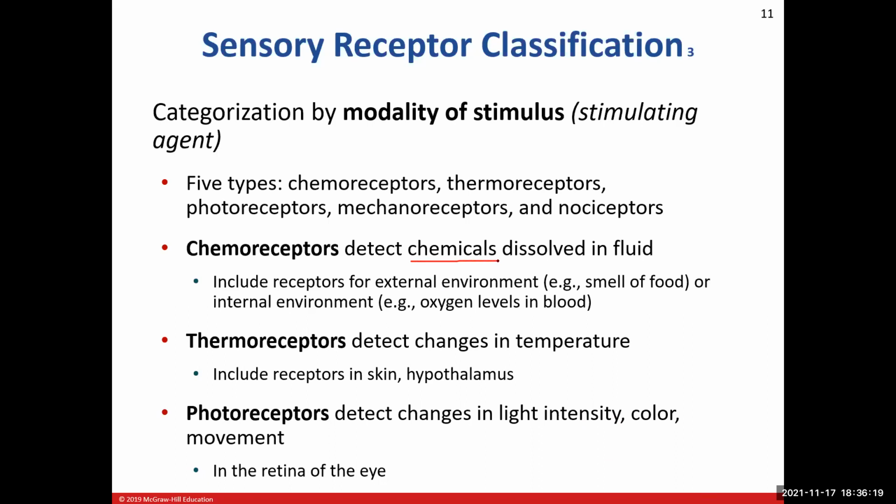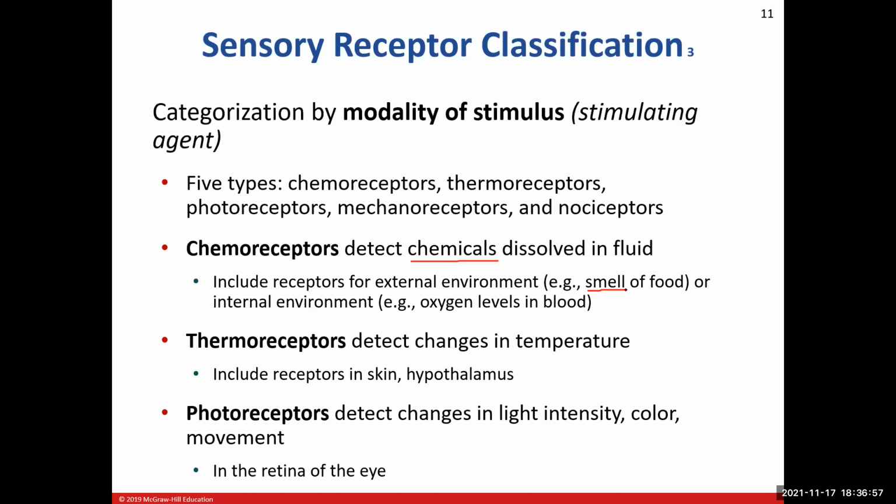So they're going to take in information from the external environment when you are smelling something, but also when we're dealing with our internal environment, we'll see the chemoreceptors monitoring certain levels of different molecules and compounds that are floating around in your blood, like carbon dioxide or oxygen. We'll also see chemoreceptors active in taste and smell.